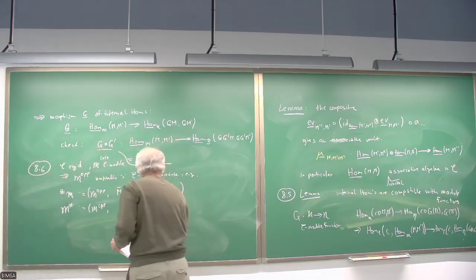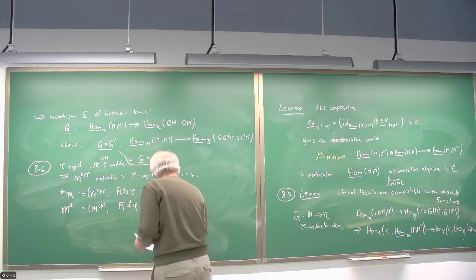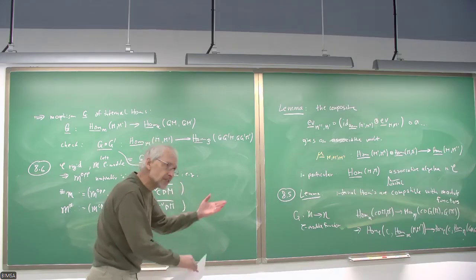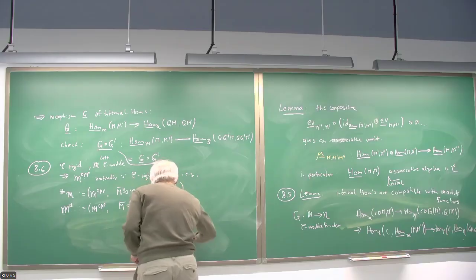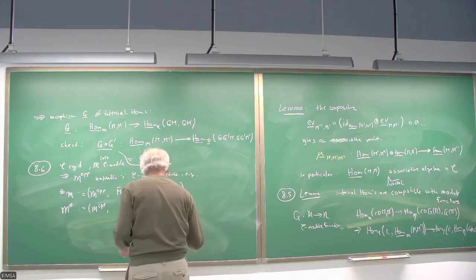So in particular, this means that if I look at the Deligne product, again, the Deligne product should exist, and this is the case when we have finite tensor categories.